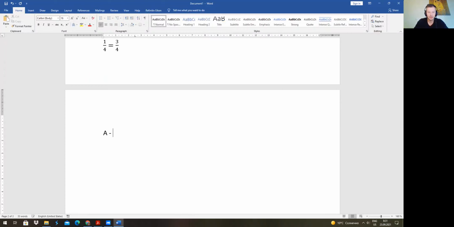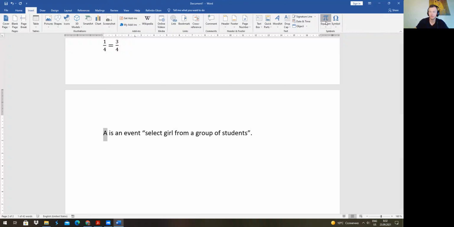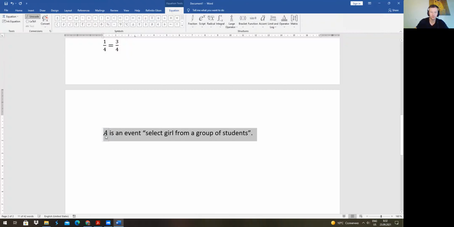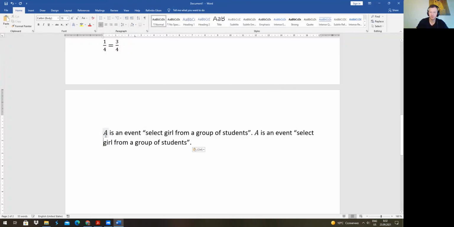So let's say A is an event: select, let's say, a girl from a group of students. Therefore, A complement is going to be select a boy, right?